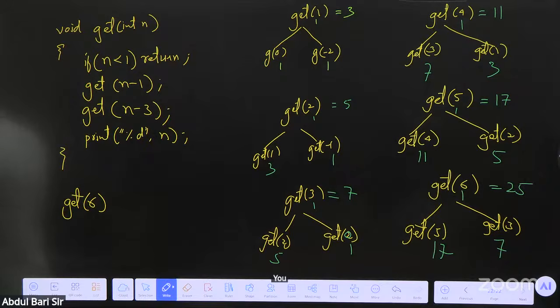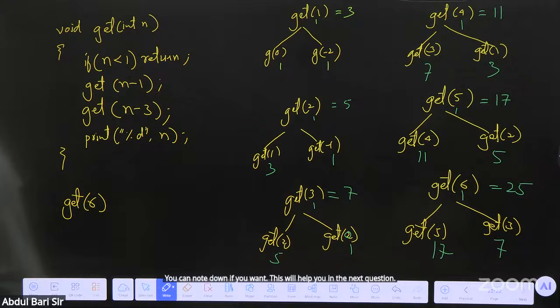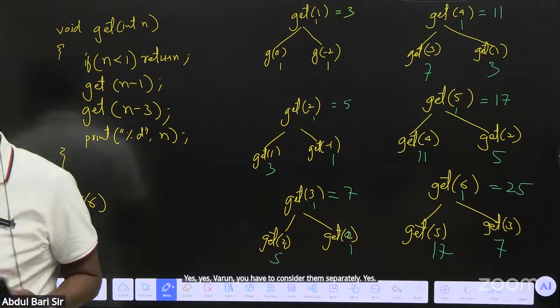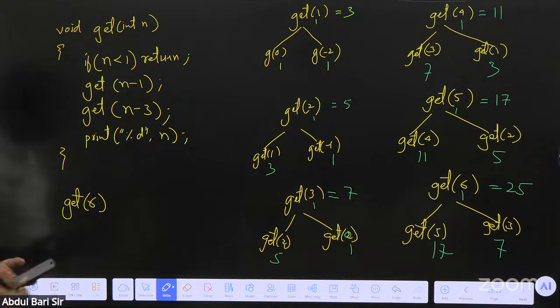You can note down if you want. This will help you in the next question. Yes, Varun, you have to consider them separately. Shall I go to next page? Over?